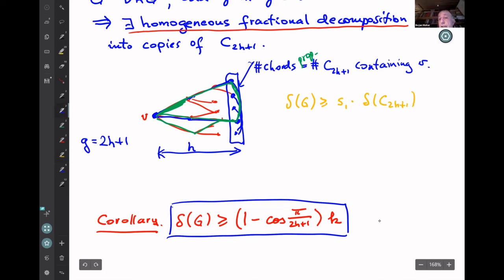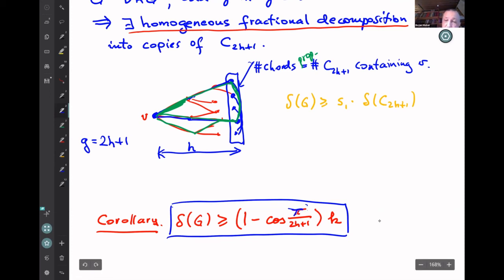The cycle of length 2h plus 1 has the smallest eigenvalue, which is twice this cosine. And so this is a difference between 2 minus twice the cosine. With s1 being 1/2, instead of 2 minus twice the cosine, you get 1 minus cosine of pi over 2h plus 1.